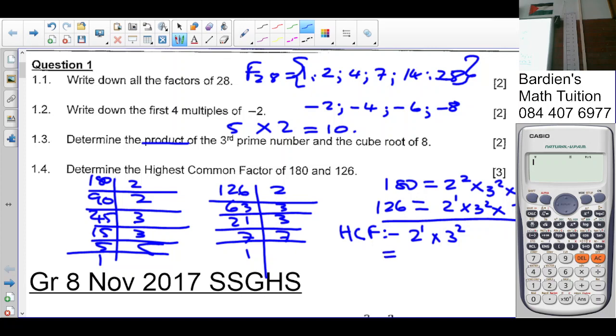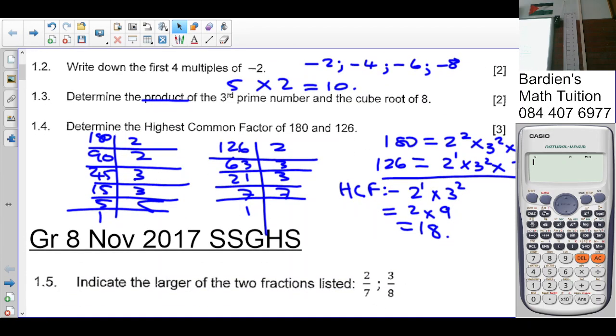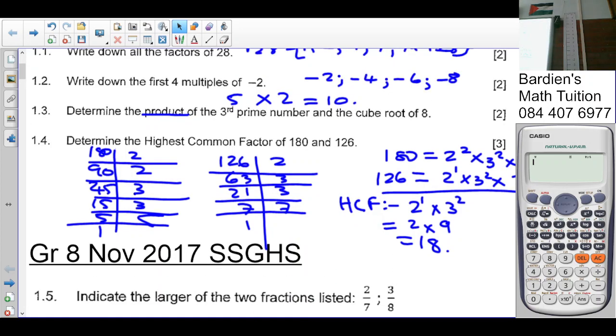So 2 to the 1 is 2. 3 squared is 9, and 2 times 9 is 18. Which means the largest factor of both numbers is 18. Okay, I'll take a calculator away there.